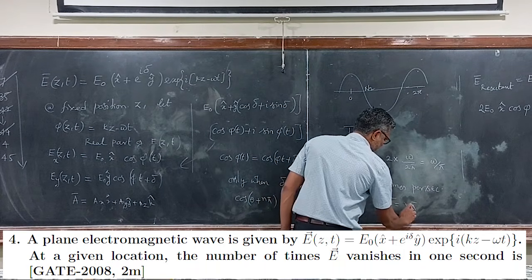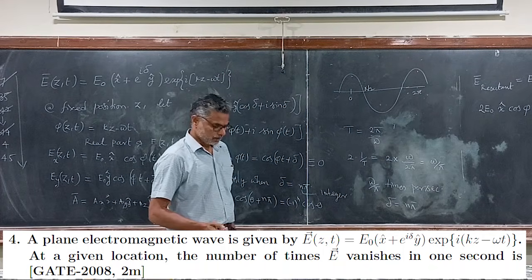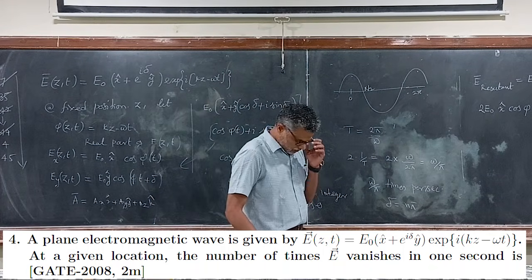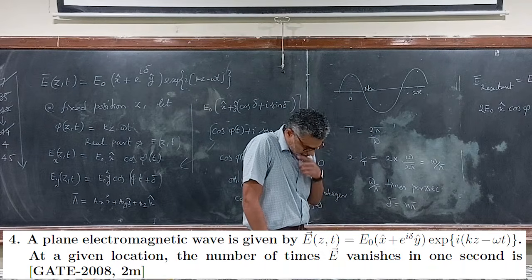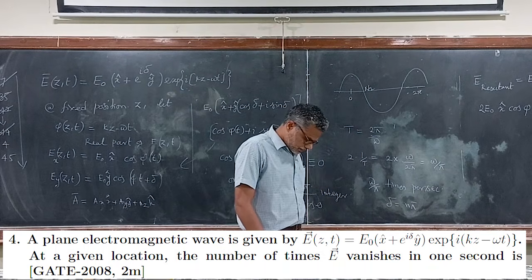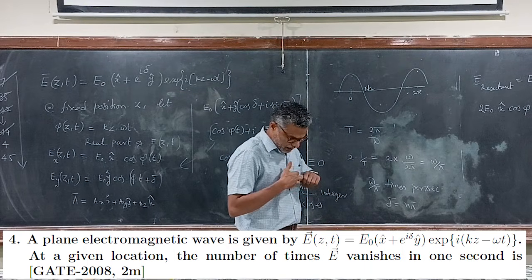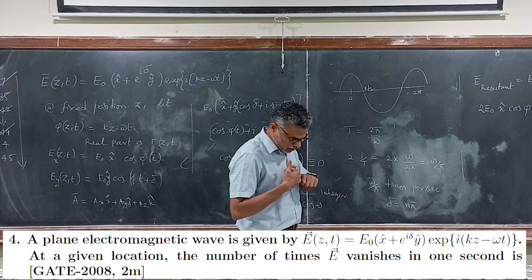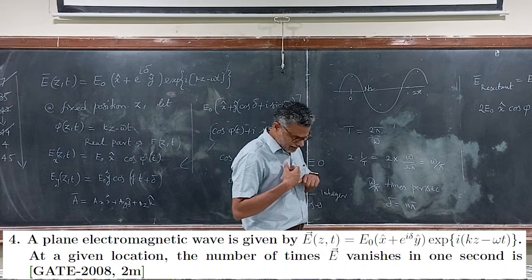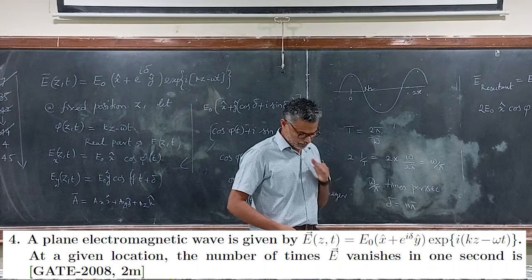If I put n times pi. Otherwise, it does not vanish. So omega by pi times per second if delta equals n pi. Otherwise, E does not vanish. So that will be the result. Okay.